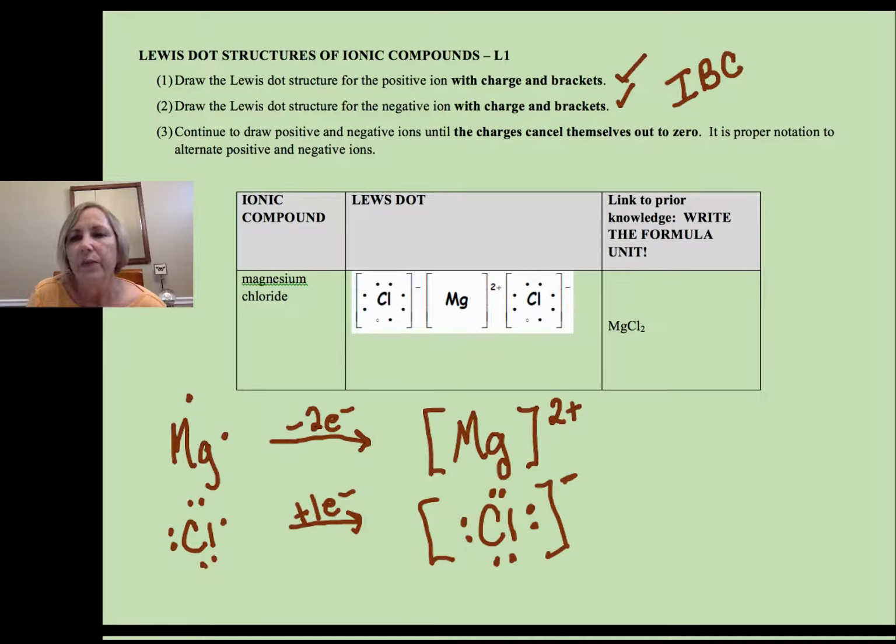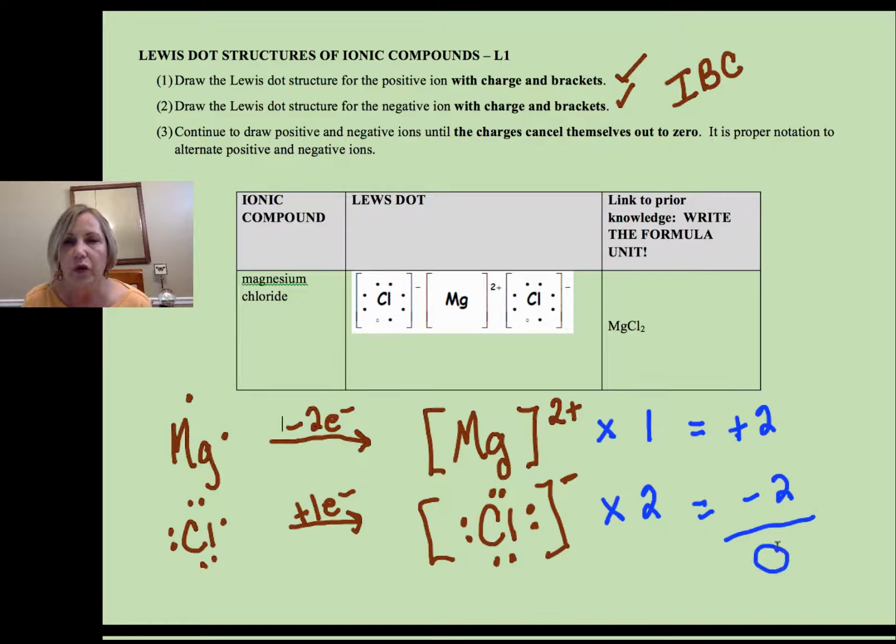Now, when I teach how to do formula units, I always teach the lowest whole number ratio using the least common multiple. So both numbers divide into 2, and so I need 1 of those, and I need 2 of the chlorides, and so that gives me a +2, that gives me a -2, so I have a neutral formula unit.